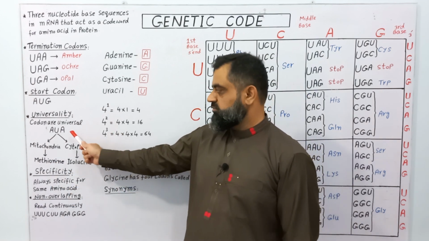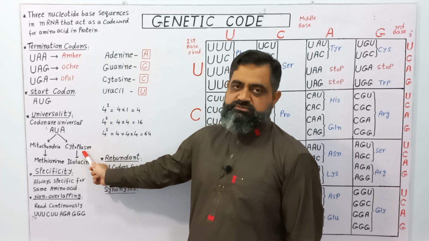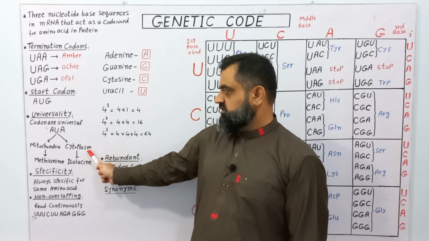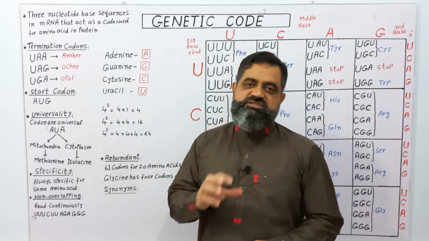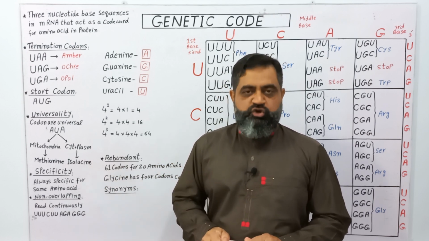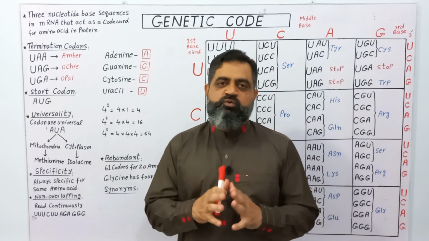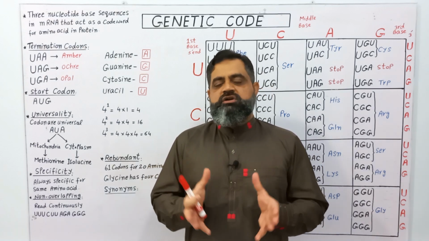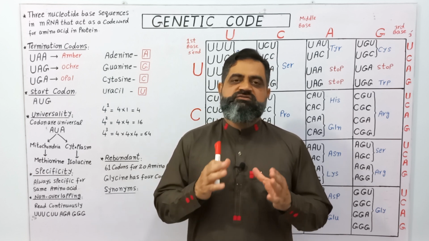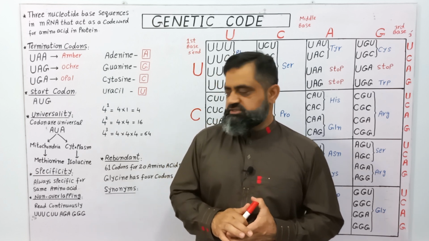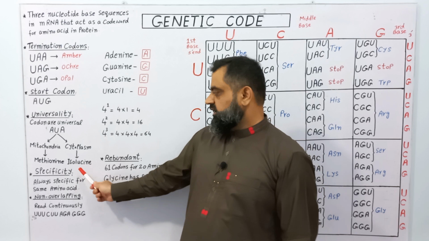But if AUA is present in cytoplasm, then this genetic code will represent isoleucine, which is a different amino acid. So there are exceptions. Otherwise, all organisms contain similar genetic codons which represent similar amino acids.